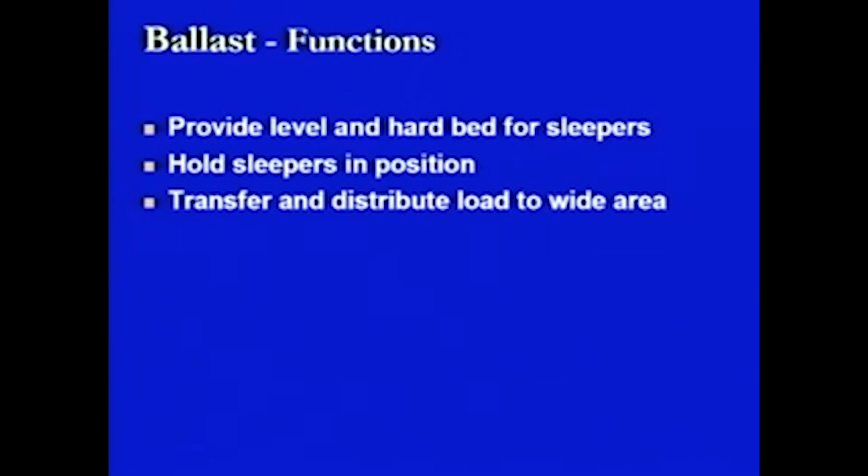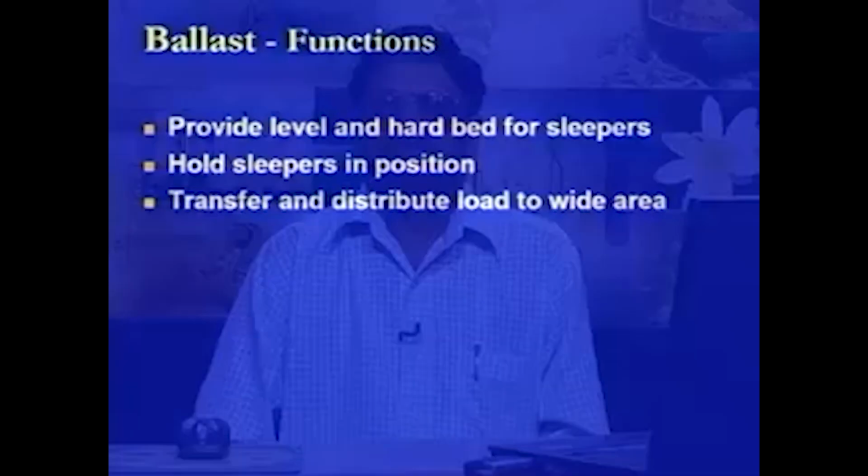Then the next important function is to transfer and distribute the load to a wider area. Because a wider amount of ballast is provided, the sectional area of the rail section or of the sleeper is much lesser in measure as compared to the ballast cushion.